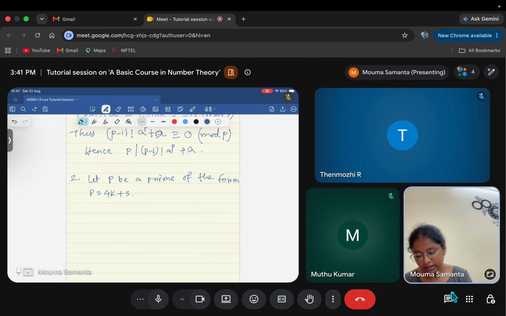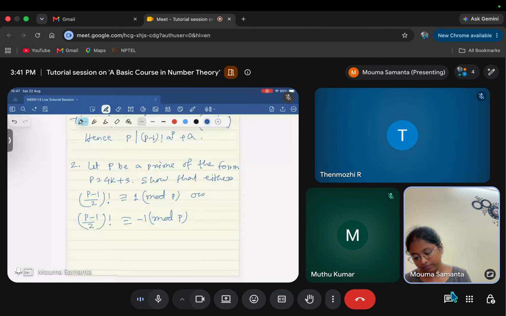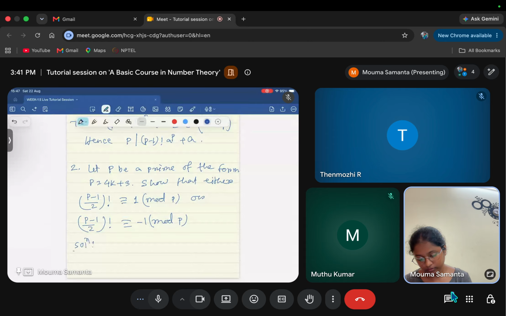Then it is asking to show that either ((p minus 1)/2) factorial is congruent to 1 mod p, or ((p minus 1)/2) factorial is congruent to minus 1 mod p. So how to solve this problem?